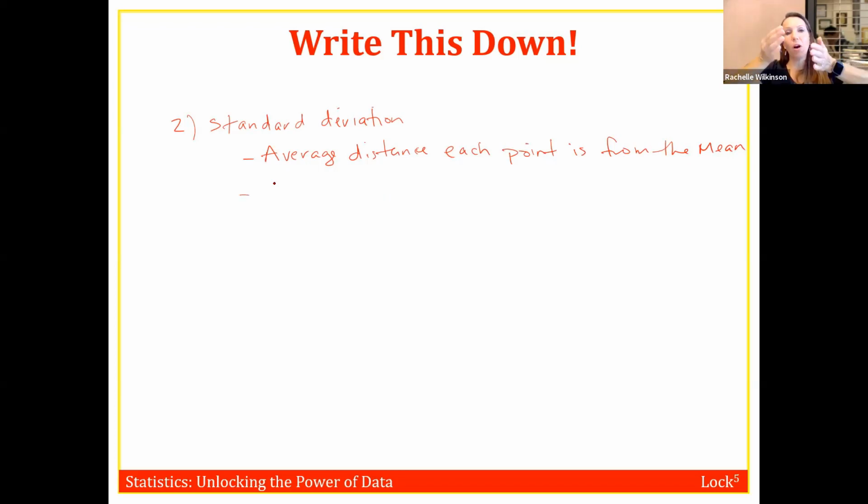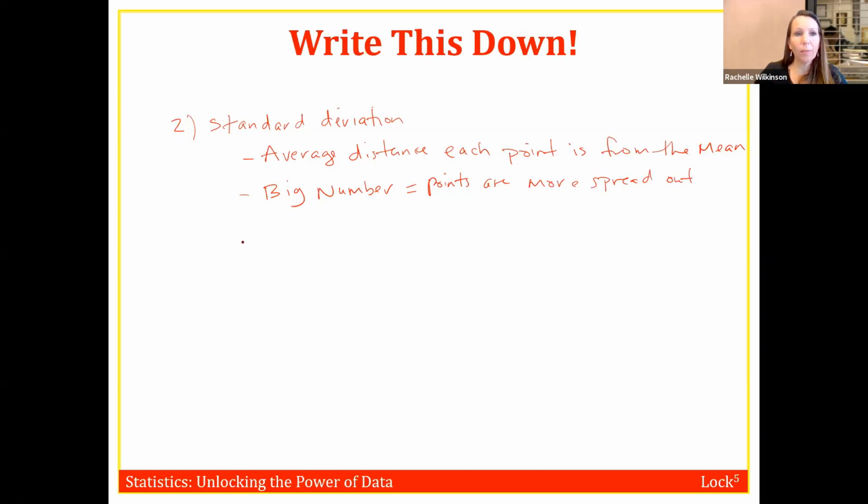And if you have a small number for standard deviation, that means the points are less spread out.